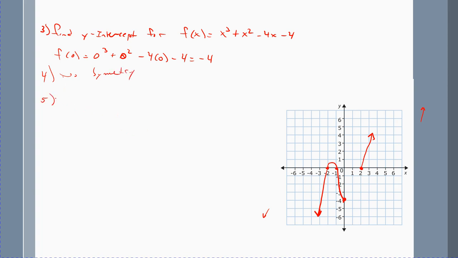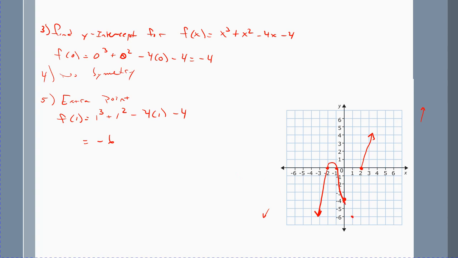So let's get an extra point as needed. Let's figure out what f of 1 is. You're going to get 1 cubed plus 1 squared minus 4 times 1 minus 4. So this is 1 plus 1 is 2, minus 4 is minus 2, minus 4 gets me minus 6.